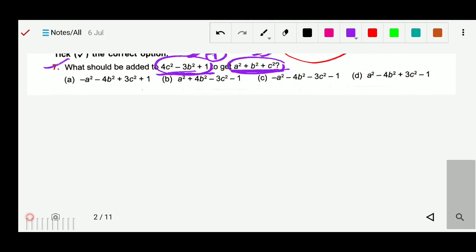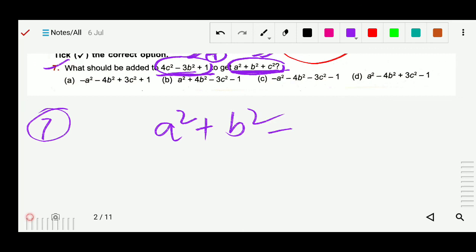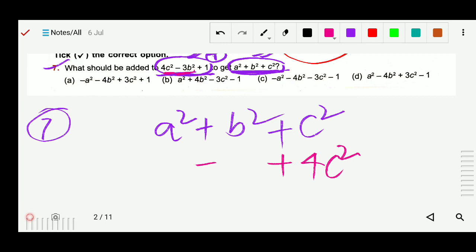So let's do it. First I write this one, a square plus b square plus c square, this is question number 7. Now just below I will write the similar terms. First 4c square, so where is the c? Here c, so write here 4c square, and here is the plus sign, write the plus sign. Then minus 3b square, so write minus 3b square.